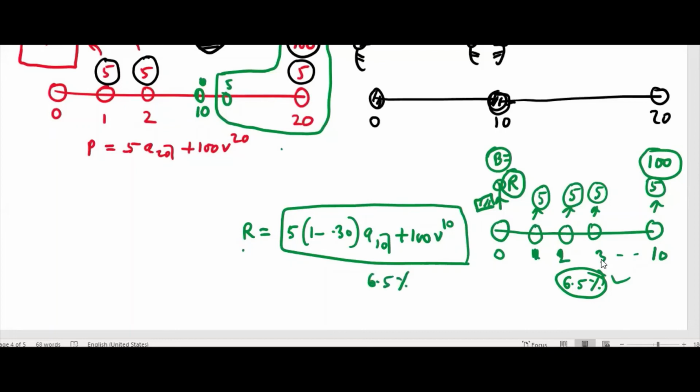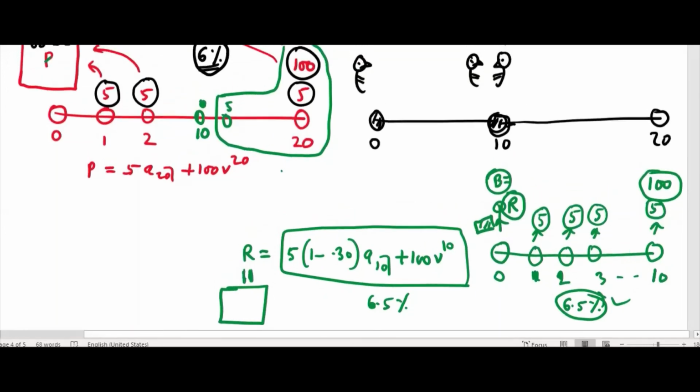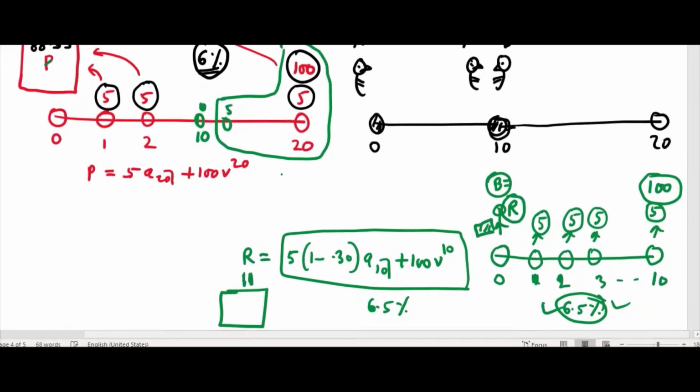And whatever answer B gets, he will say to A: see, I'm expecting a return of 6.5%. However, I'm paying income tax. Though I'll get 5, my value will be 5 into 0.7, that is 3.5. 1.5 I have to pay as income tax. I will get 3.5, and finally I get 100. That I'm discounting because I need a yield of 6.5%.